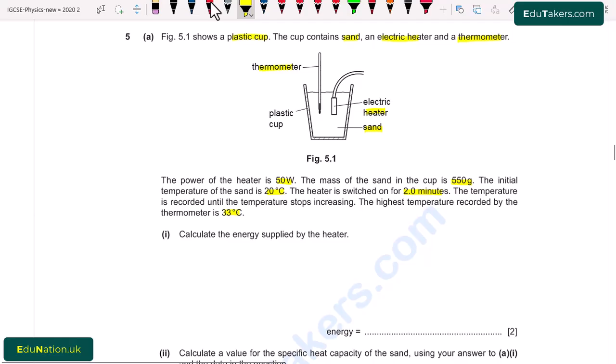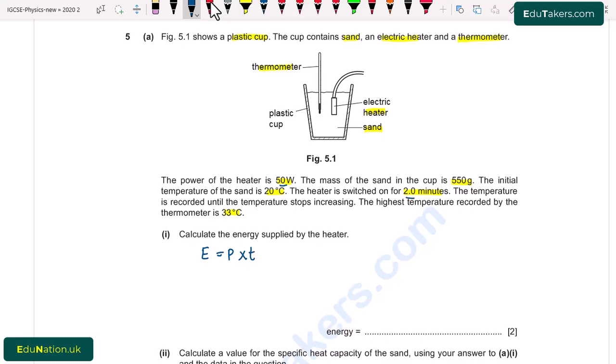Here we have to calculate the energy supplied. There are a lot of values in the question, but we know that energy is equal to P times T. Here we just use the value of power and time. Power is given 50 watt and time is 2 minutes.